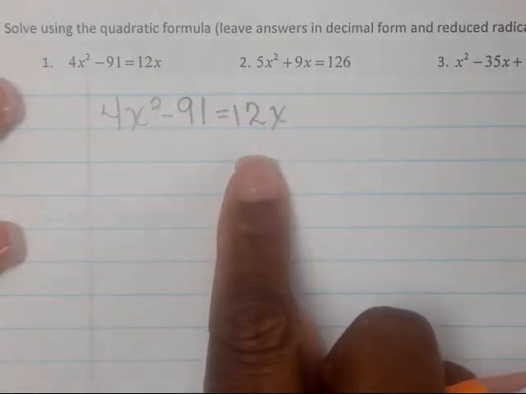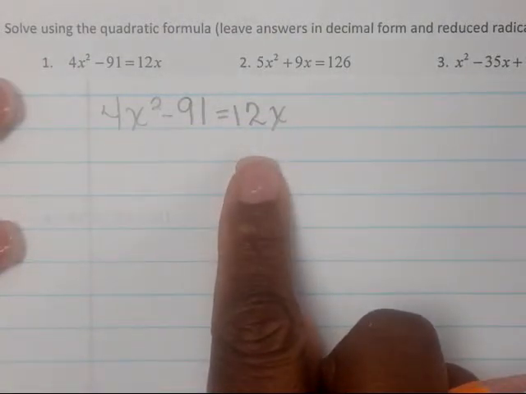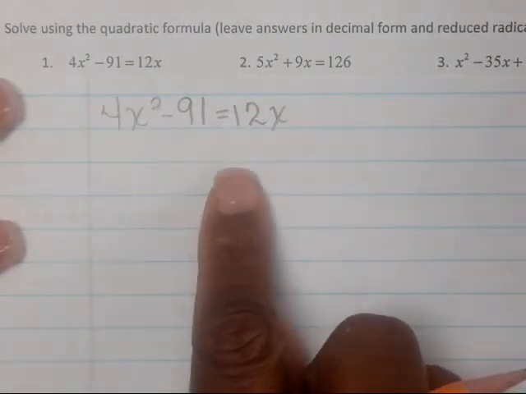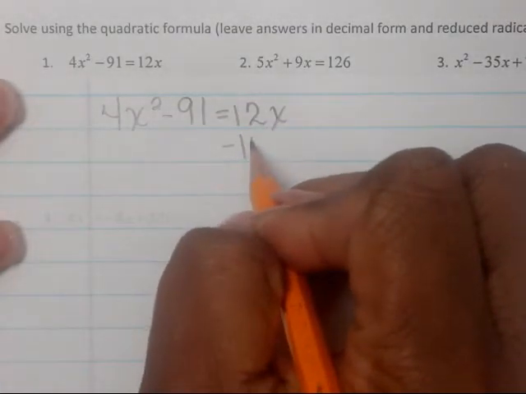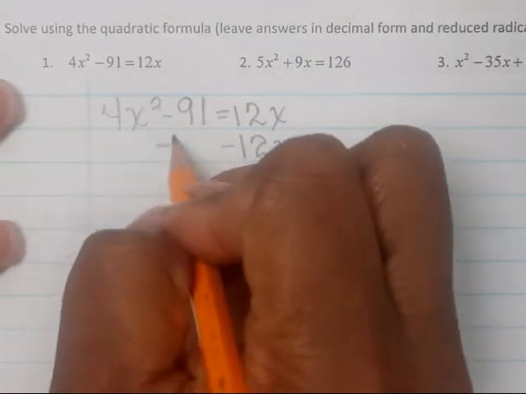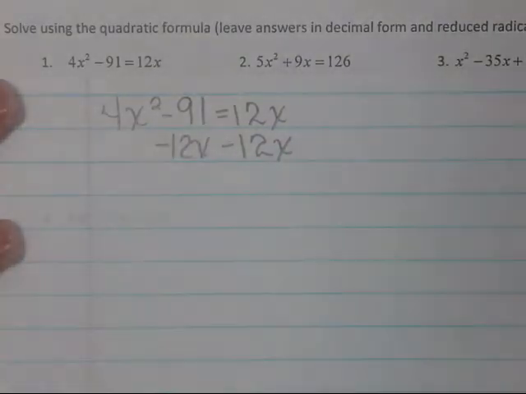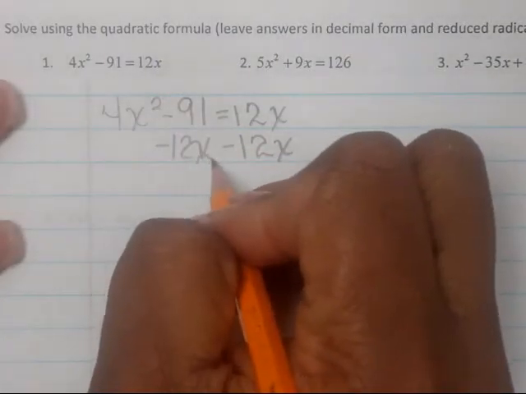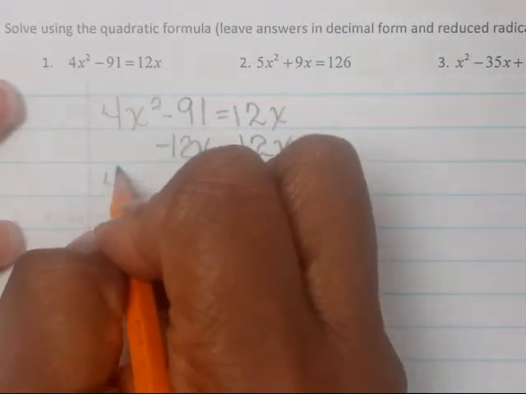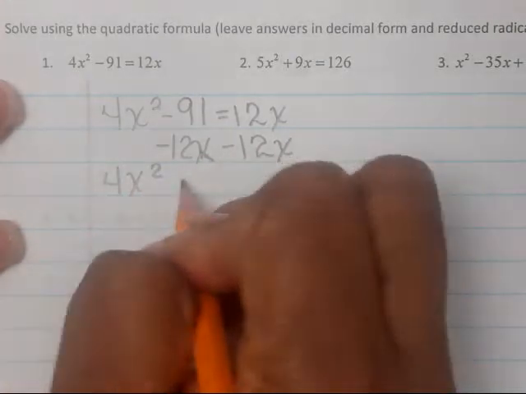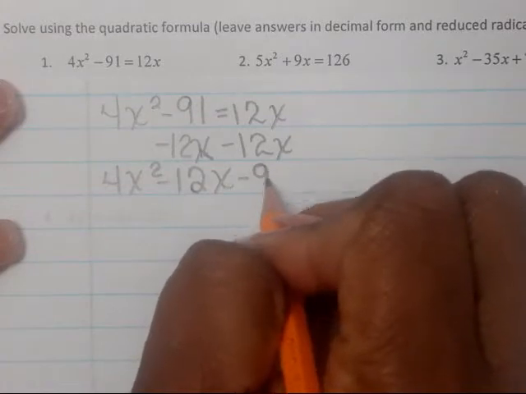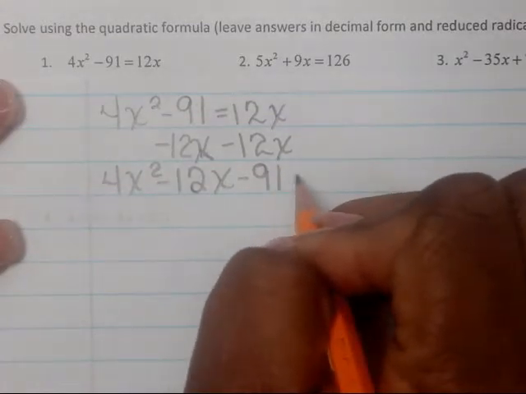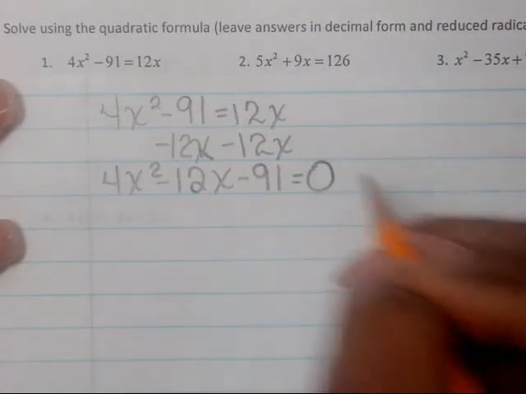I need to set the equation equal to 0, so I'm going to start off by moving the positive 12x from the right side to the left by subtracting 12x. So it now reads 4x squared minus 12x minus 91 equals 0.